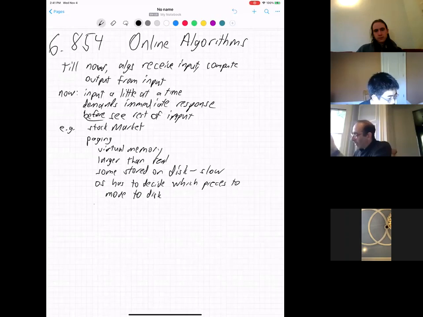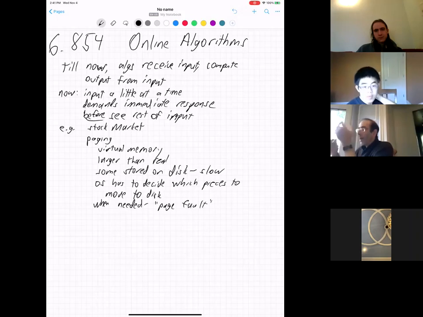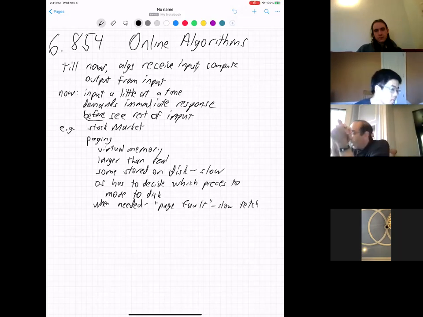The problem is that when you need one of those pieces, you have what's called a page fault. And you have to take the time to fetch that page back into memory so that you can operate on that piece of your virtual memory. And the problem is that these page faults are slow and they slow down your processing.